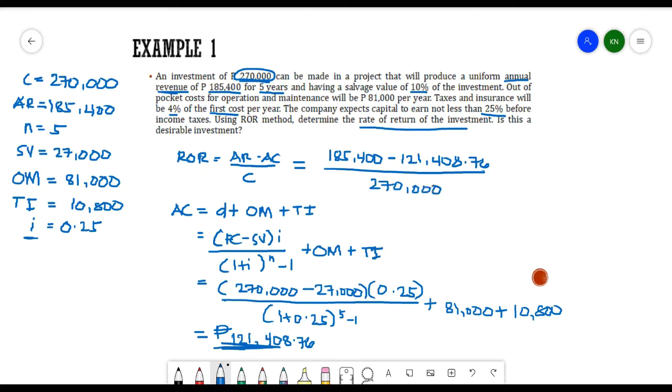270,000 pesos. Now, if you calculate this one, this is equivalent to 0.237. And since we are looking for the rate of return, multiply that with the 100%. So basically, our ROR is equivalent to 23.7%.